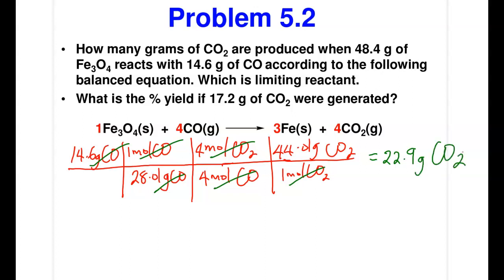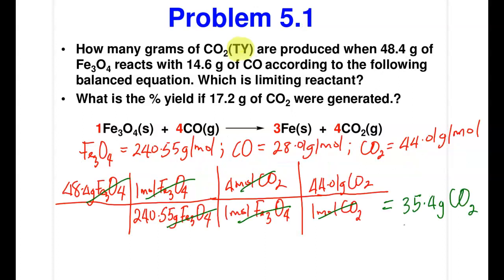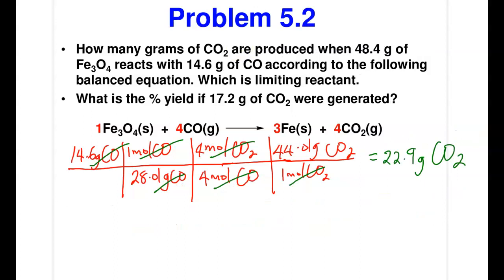Now, I go back. I want the one that gives me the lowest to be my theoretical yield. From carbon monoxide, I got 22.9 grams of CO2, and from Fe3O4, I got 35.4 grams of CO2. What that simply means is that this 22.9 grams is my theoretical yield, and this is where I'm going to calculate my percentage yield from.